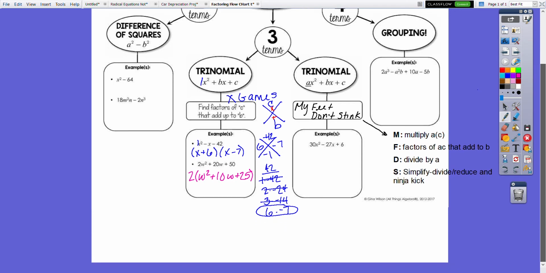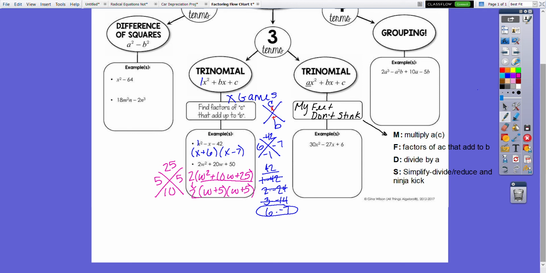What we are going to do is play x games with just what's in the parentheses. So I'm going to draw my x, what multiplies to 25 and adds to 10. So numbers that multiply to 25 and add to 10, 5 and 5. So I need w plus 5 and w plus 5. And don't forget to drop down the 2. If you don't drop down the 2, your problem is not going to be completely factored.